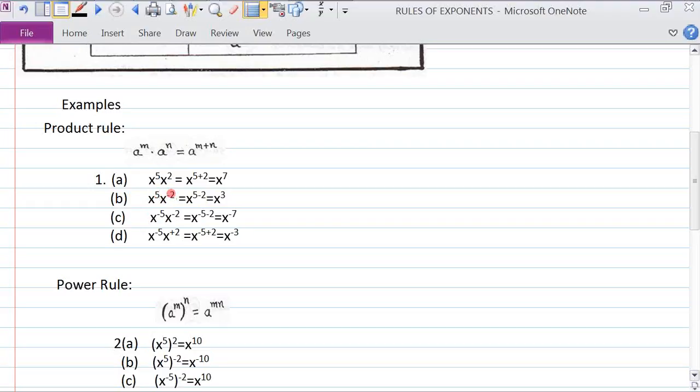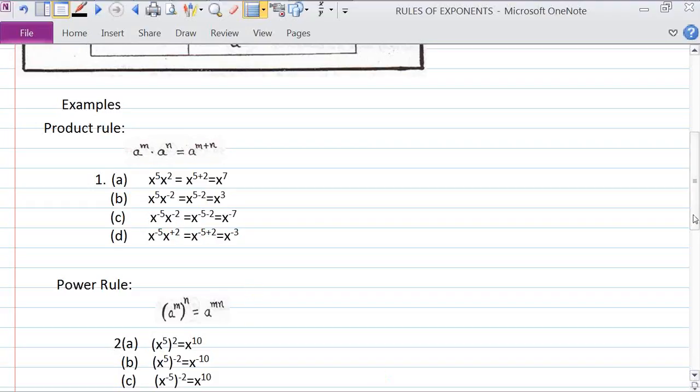I say 5 minus 2 equals x cubed. X to the minus 5, x to the minus 2, I add these two, minus 5 minus 2, I get minus 7. X to the minus 5 times x to the 2, I add minus 5 plus 2, and I get x to the minus 3. So this is the product rule.